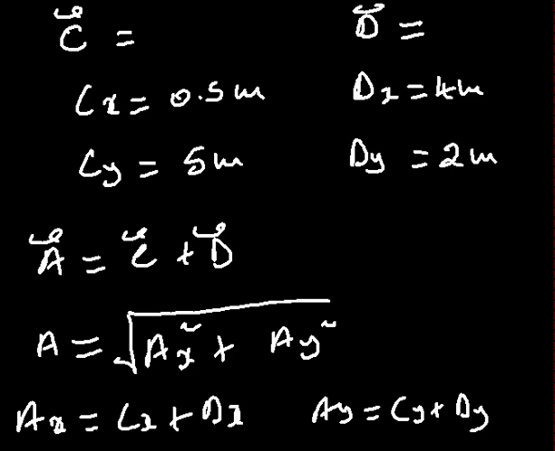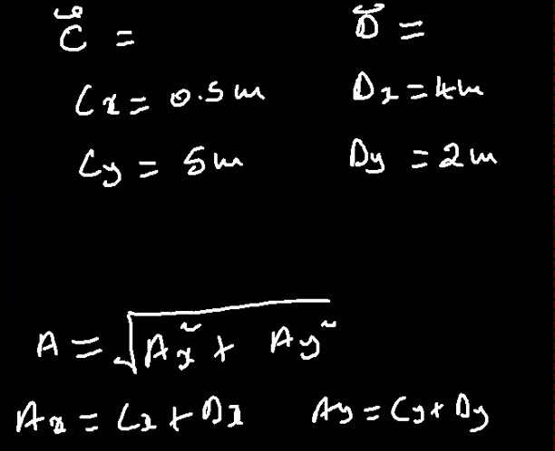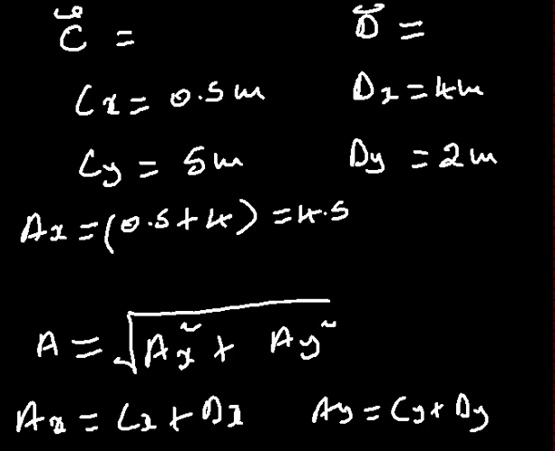So Ax is given as 0.5 plus 4, which is 4.5 meters. And how about Ay? You have it as 5 meters plus 2 meters, which is the same as 7 meters. And of course, how should you find the resultant?